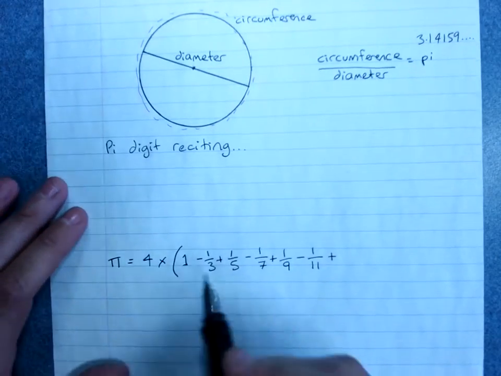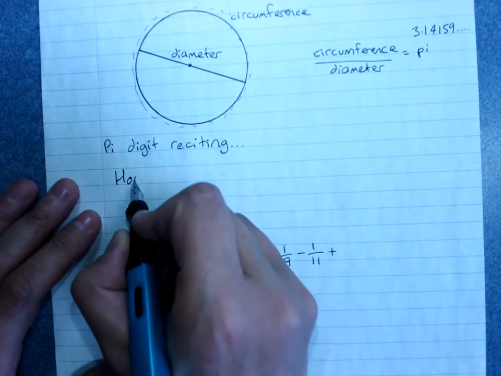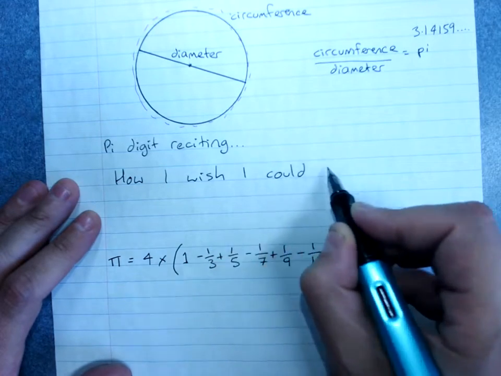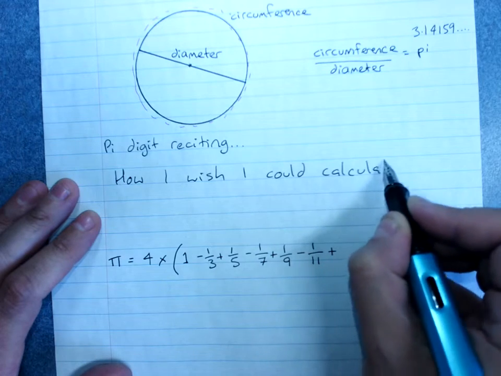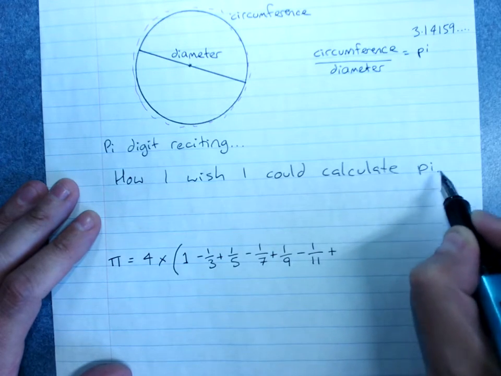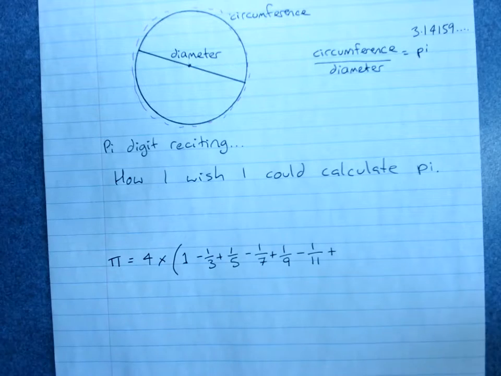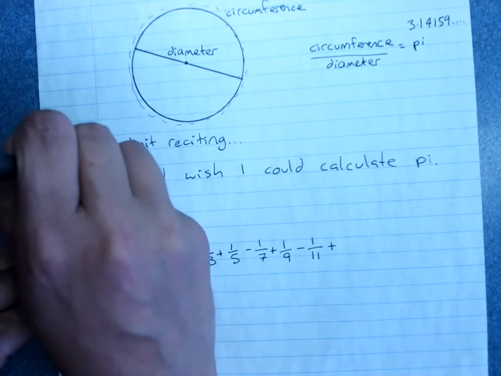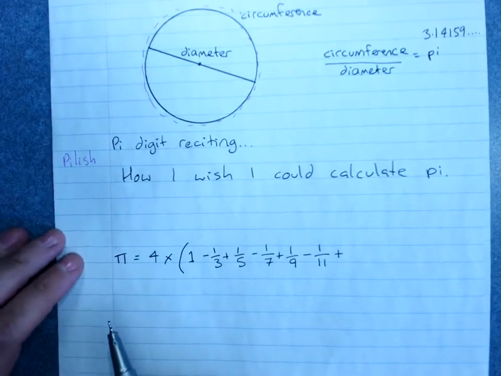There are books. Here's the start of a poem: "How I wish I could calculate pi." This is in a form called Pilish. It's not really a language.